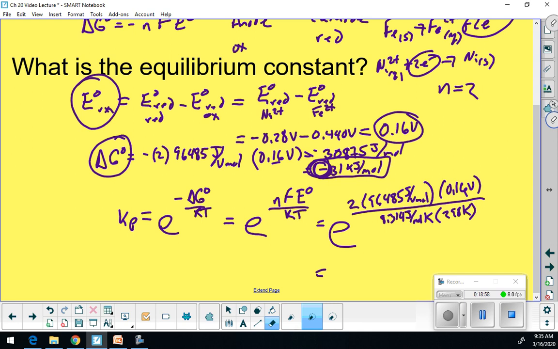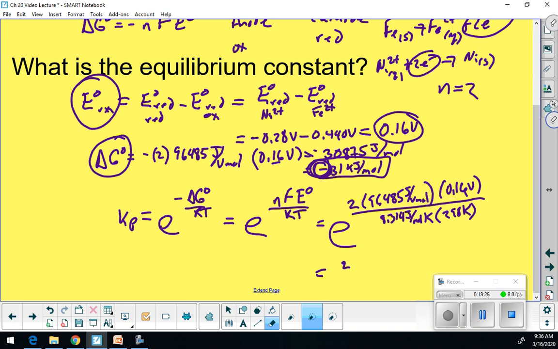Here we go. 2 times 96485 times 0.16 divided by 8.314 divided by 298. That gives me a number like 12.46. And then I'm going to take the e to the 12.46, and I get a big number, right?